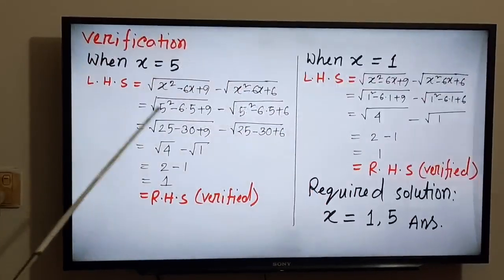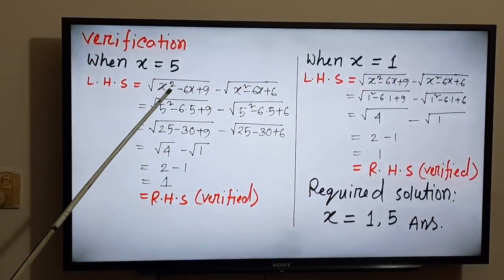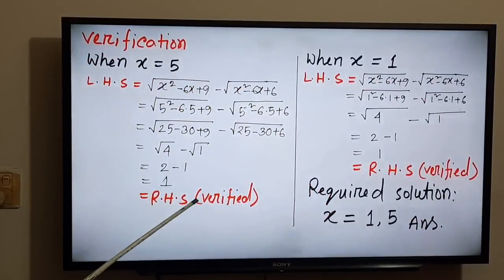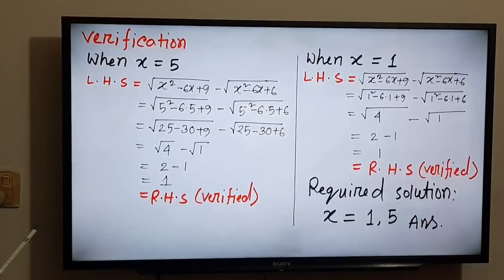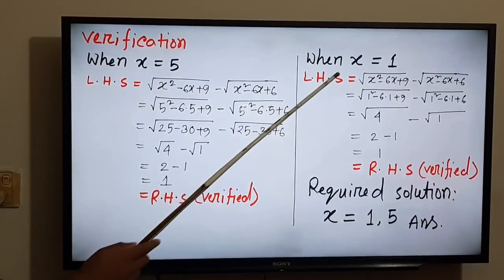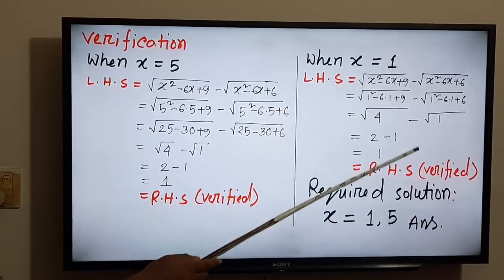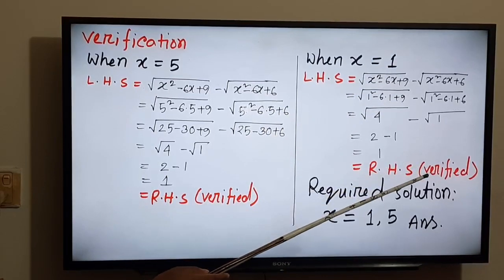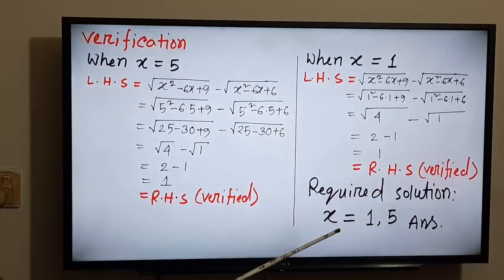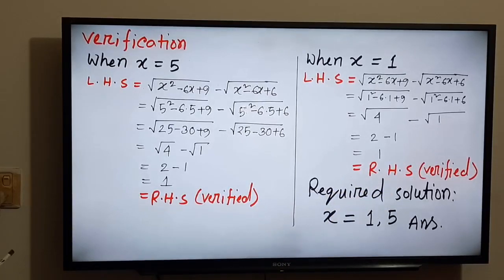So x is equal to 5. It is an easy calculation, no need to discuss. This is 1, which is equal to the right hand side, verified. Okay, and the other value x is equal to 1 is also verified by this equation, also 1. So our required solution is x is equal to 1 and 5. This is our solution of this equation.